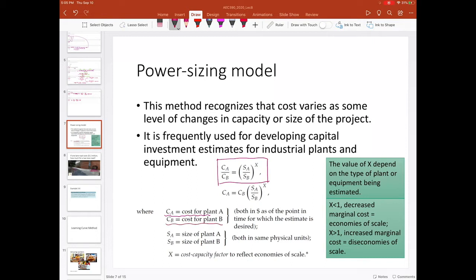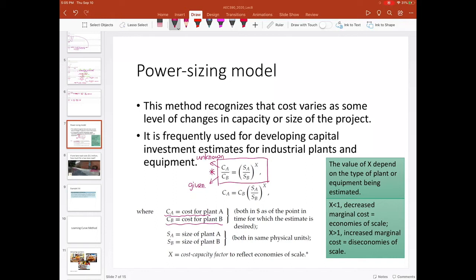And usually, if you write the formula like this, it means CA is unknown and CB is given. Okay, and also another thing is you have to compare these 2 costs at the same time.